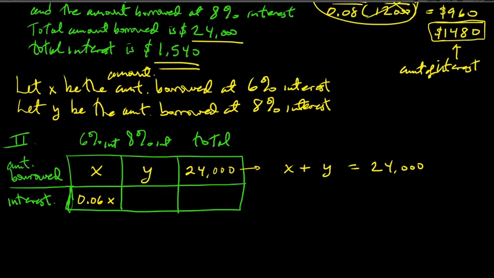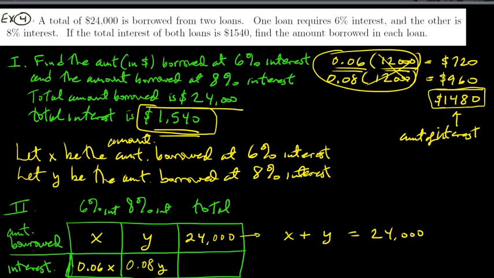Okay. Right, so the interest for 8% is 0.08 times y. And the total interest that was given in the problem, right? That's 1540. Yep, I'm just double checking, make sure that's right. The total interest for both loans together, here it is, $1,540, right?